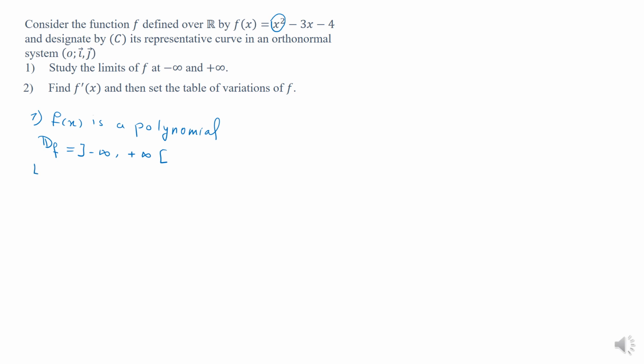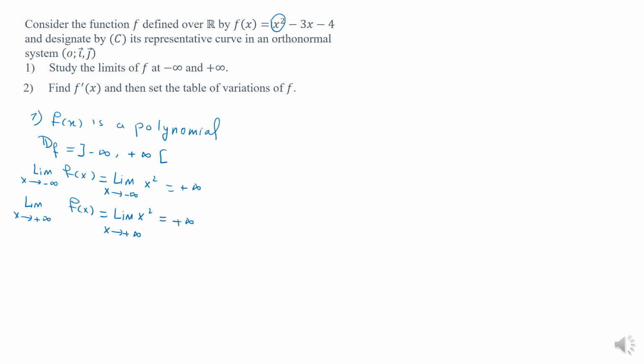So the limit as x tends to negative infinity of f of x is equal to the limit of x power 2, which is positive infinity, and the limit as x tends to positive infinity of f of x is equal to the limit of x squared as x tends to positive infinity, which is also plus infinity.